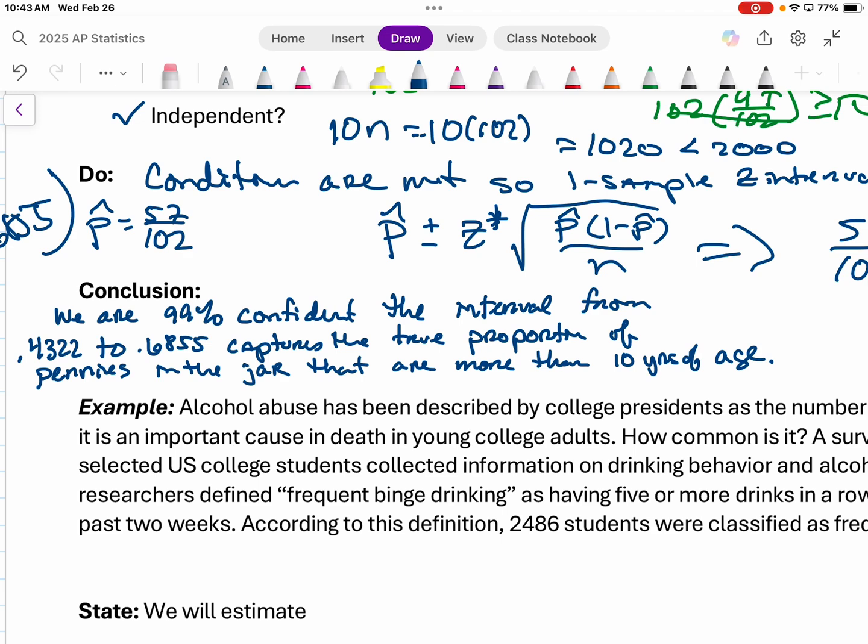So we're 95% confident that the true proportion of pennies in that jar that are 10 years of age or over is somewhere between 43% to 68% or 69%. Okay? It's roughly between 43 and 69% of the pennies that are more than 10 years of age or older.